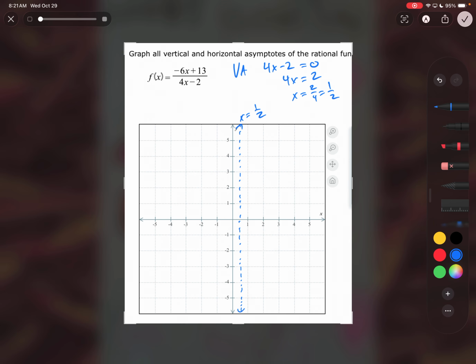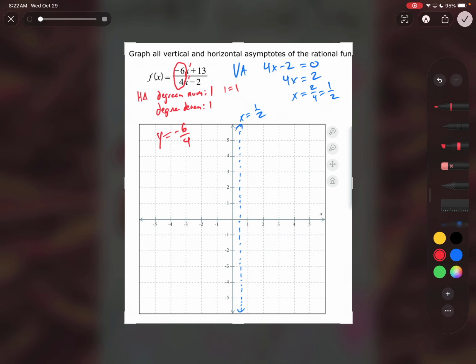Now the horizontal asymptote here, my degree of the numerator is 1, right? Because the x has the power of 1. And the degree of the denominator is also 1. So 1 is equal to 1 here. So what you do is you look at the front numbers. You just do y equals negative 6 over 4.